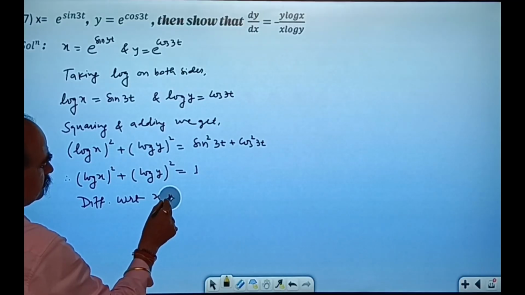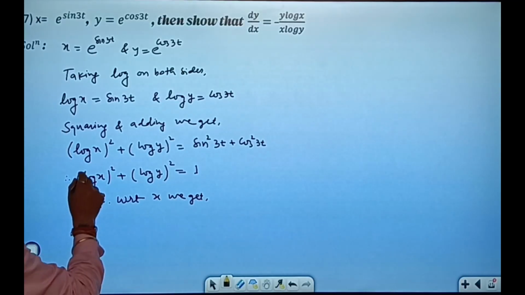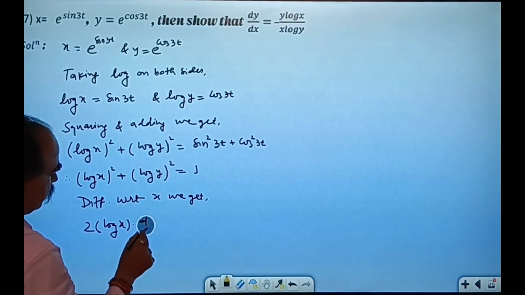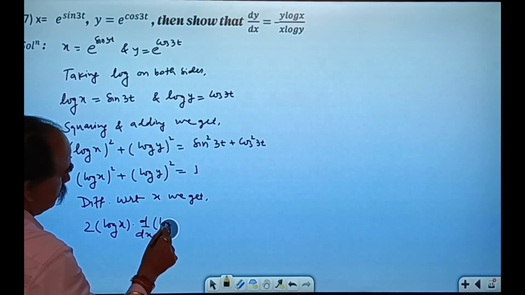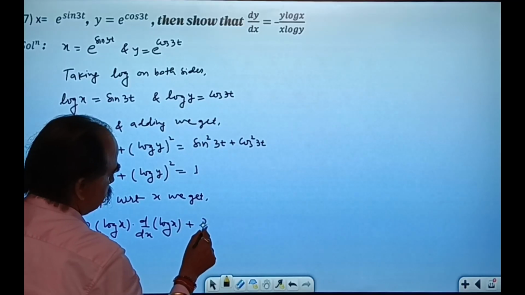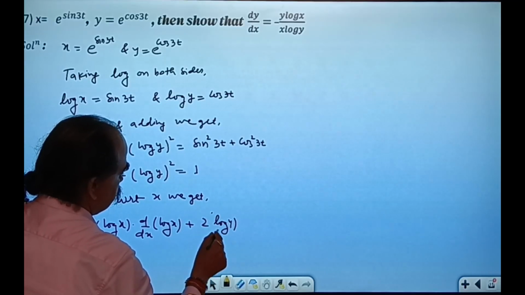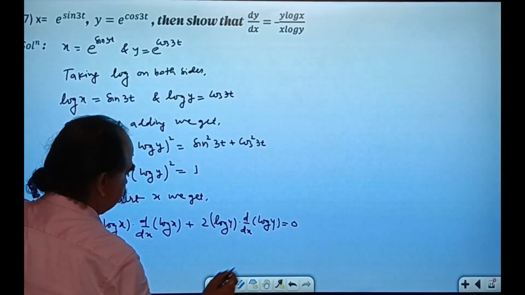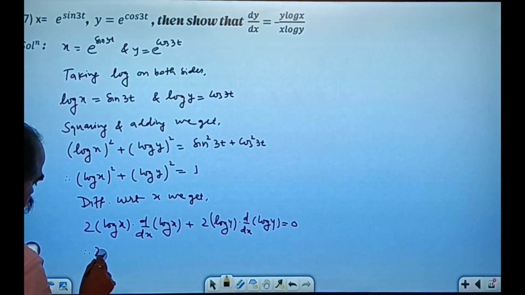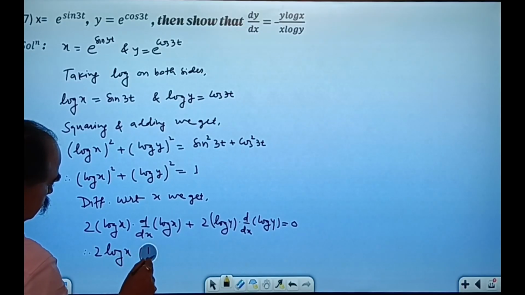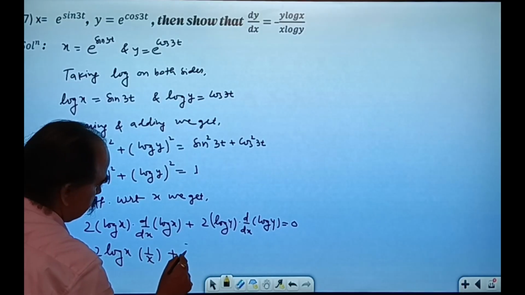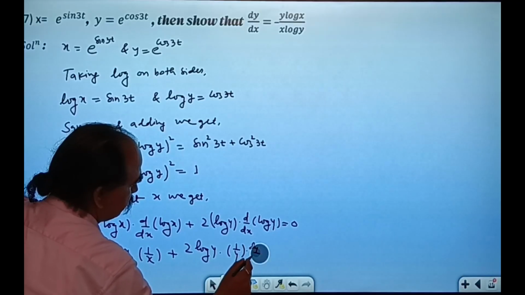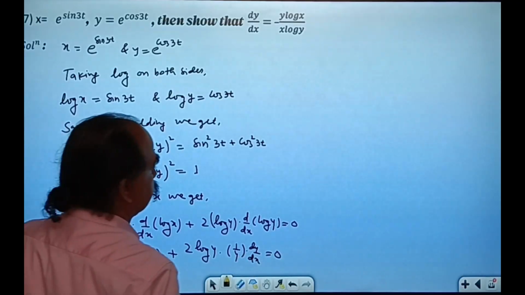Differentiating with respect to x, we get derivative of log x square is 2 log x into d by dx of log x, plus 2 log y into d by dx of log y is equal to 0. So 2 log x into derivative of log x, which is 1 upon x, plus 2 log y into 1 upon y into derivative of y is equal to 0.